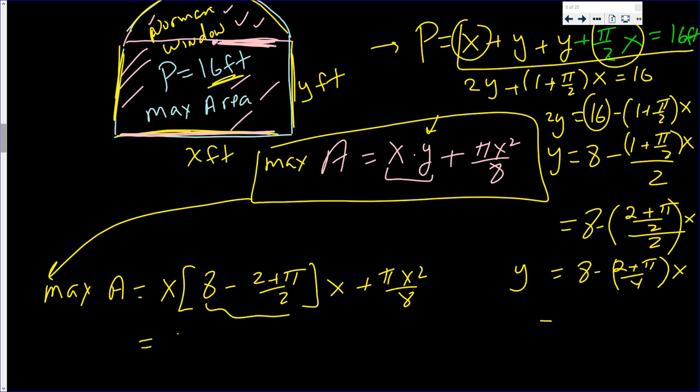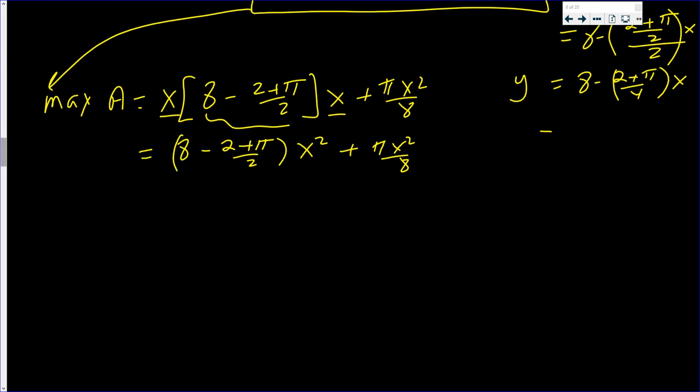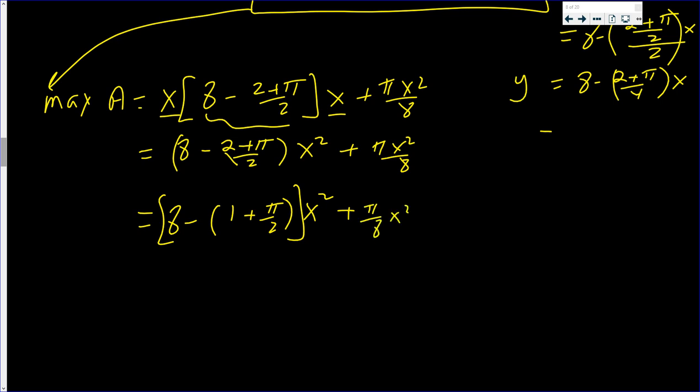We have this number times x, which is x squared, plus pi x squared over 8. And I notice we can clean up what's in there a little bit more. 2 over 2 is 1 plus pi over 2 x squared plus pi over 8 x squared.